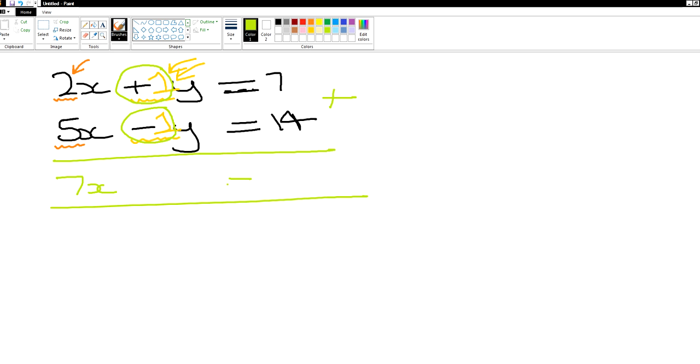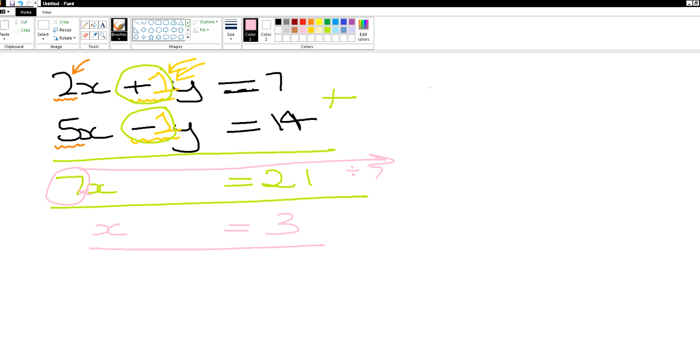Add 14 is equal to 21. Now we need to work out the value of x. So the opposite of times by 7 is divide by 7. So 21 divided by 7 will give us 3.